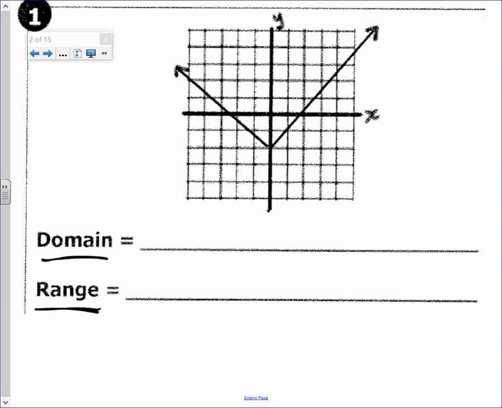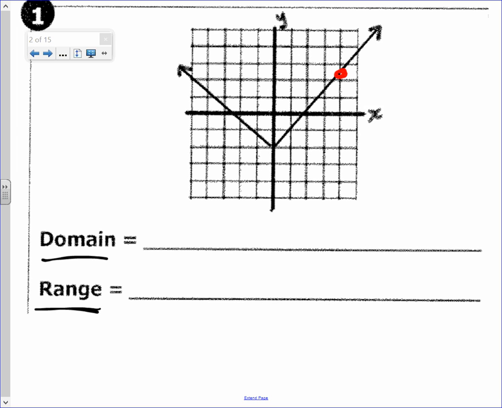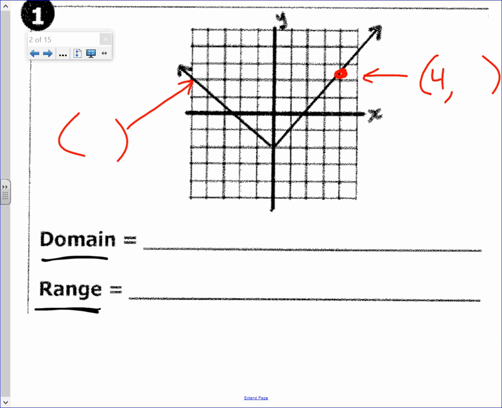Let's see. What would be the input value right here? So what would be the input value right there? 4. Just 4. Right now I don't care about the output. What would be the input value right there? -5.